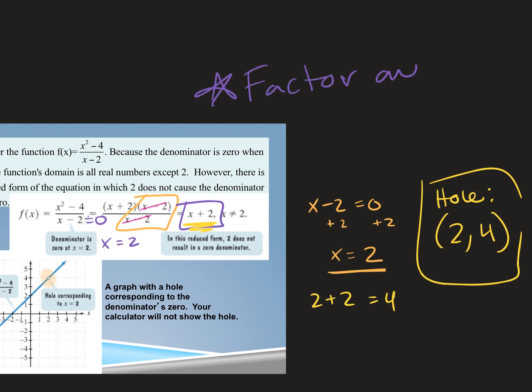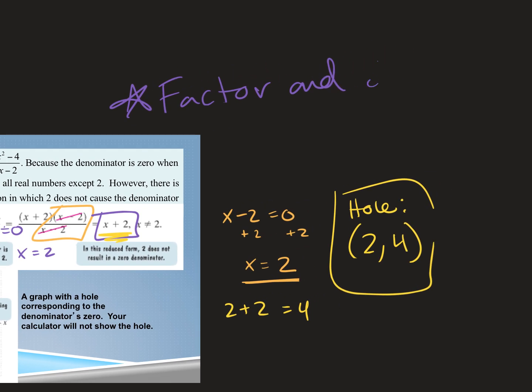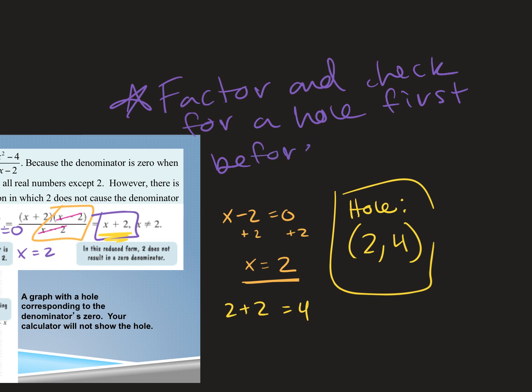Factor and check for the hole first, before finding the vertical asymptote. Because if you have a hole at that point, you're not going to have a vertical asymptote there too. So it's super important.